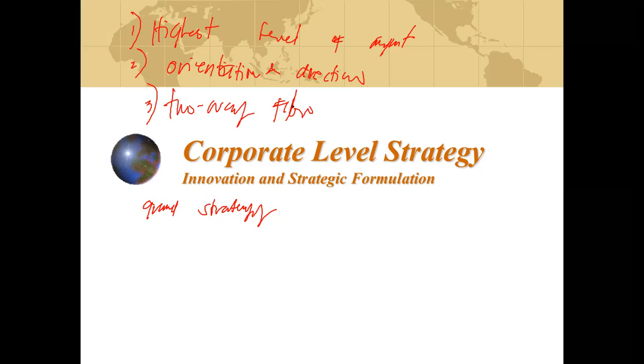Now, in short, or in other words, your corporate level strategy implies the topmost degree of strategic decision making, which covers the decision plans concerned with the company's objective, procurement, and optimal allocation of resources and coordination of business strategies.